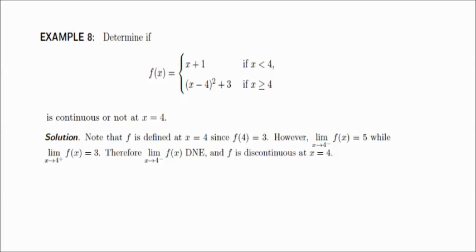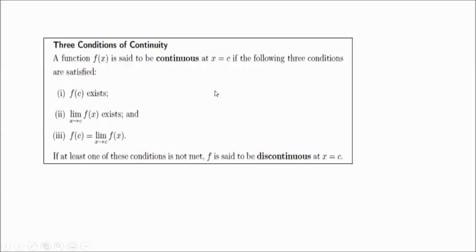Diba ito yung example natin before? Kaya nag-does not exist ito dahil magkaiba sila ng value for the left side tsaka right side. So therefore, yung limit nito does not exist. Diba meron tayong 3 conditions?